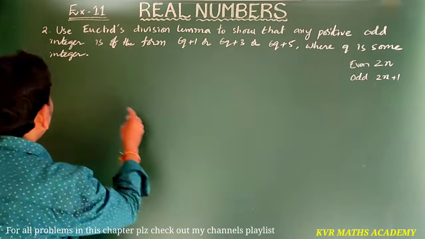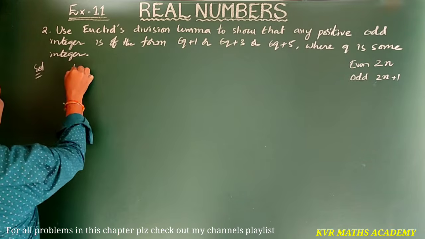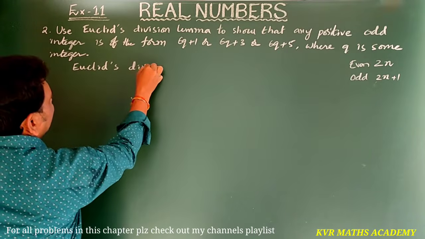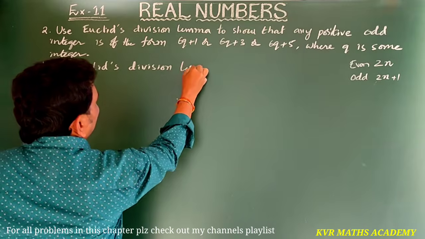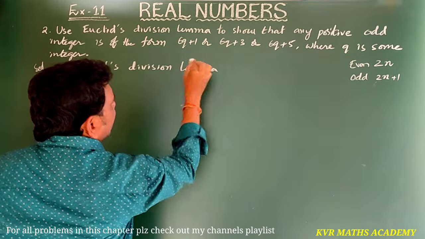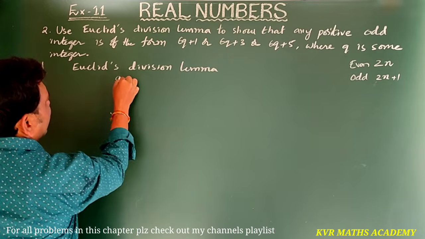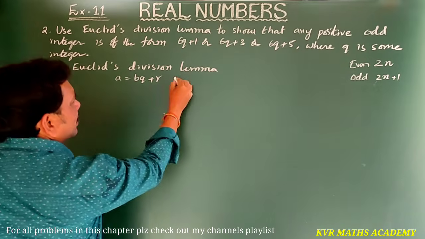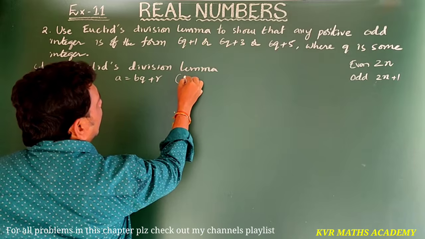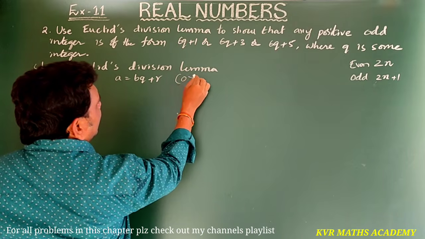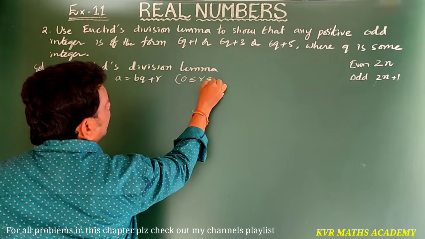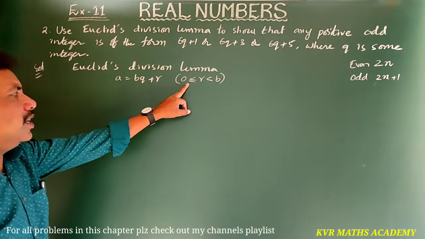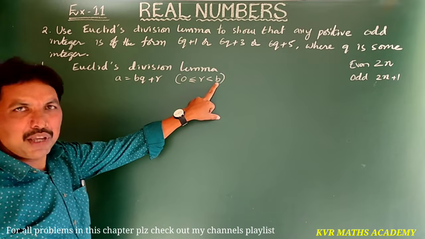Yes, we have the solution. Euclid's division lemma is what? Actually, A is equal to BQ plus R, where 0 is less than or equal to R is less than B only.